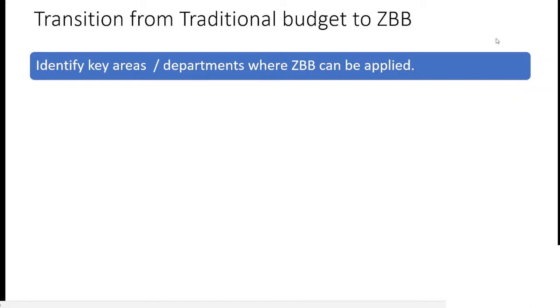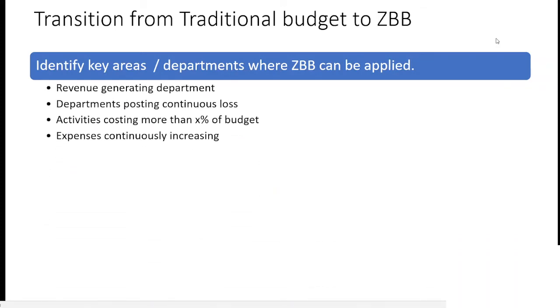So the first step in transitioning from the traditional budget to zero based budget is to identify the key areas and departments where we can apply zero based budgeting. It could be sales and marketing, it could be the labor force, and then you could apply it to the cost of construction, cost of materials, type of materials, and the process of manufacturing if it's really a heavy cost.